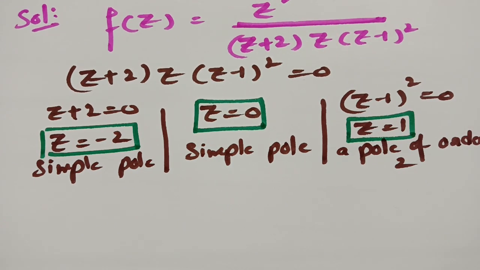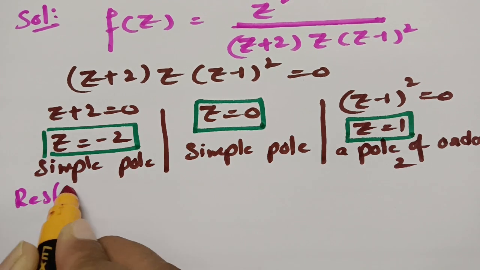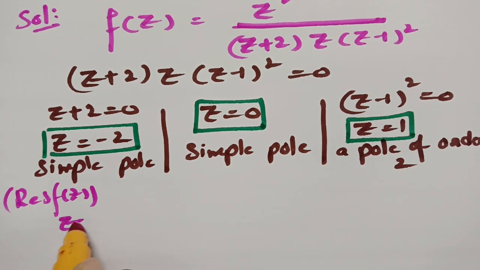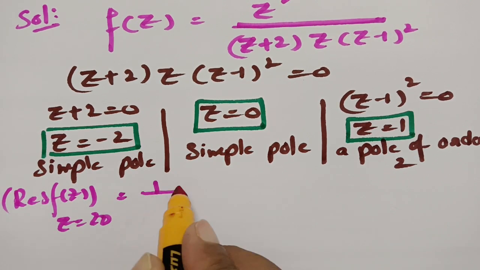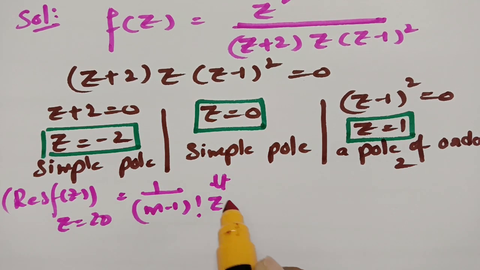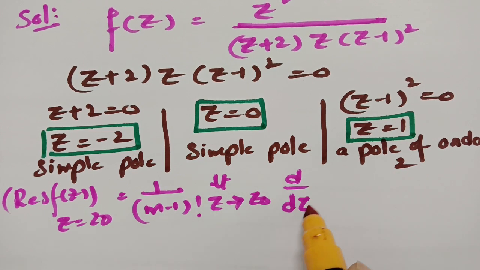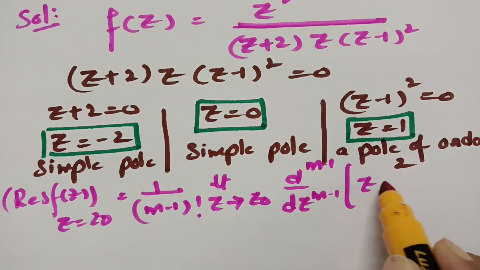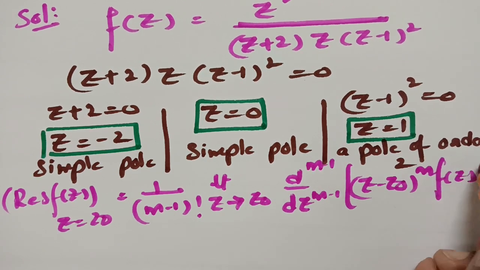For finding the residues, the formula for the residue of f of z at z is equal to z naught is 1 by (m minus 1) factorial into limit z tends to z naught of d by dz to the power m minus 1 of (z minus z naught) power m into f of z.